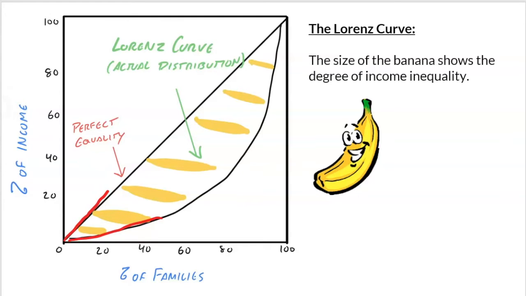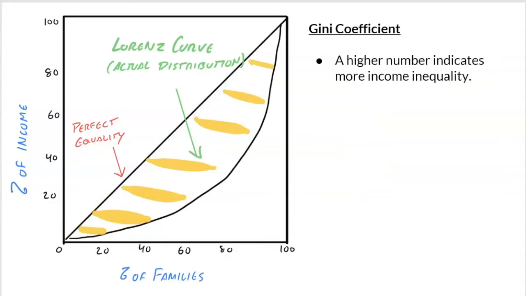And basically what's shaded in yellow represents the degree of income inequality. It looks like a banana, right? So the larger the banana, the greater amount of income inequality we have. The smaller the banana, the less income inequality we have here.